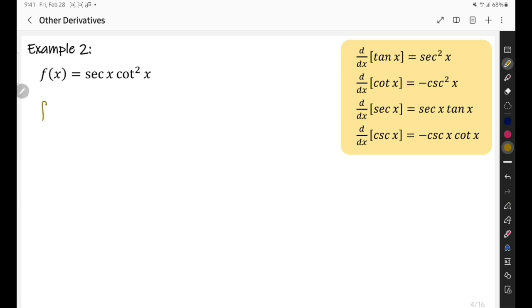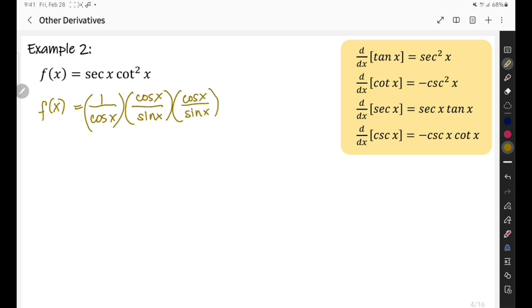Okay, so we have here the function f of x is equal to secant, which is 1 over cos x, and then cotangent is cos x over sine x. Since it's squared, you have (cos x over sine x) squared. And if we look at that, we can actually cancel one cos x.